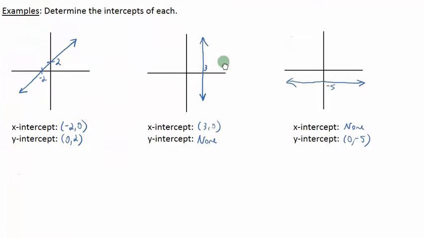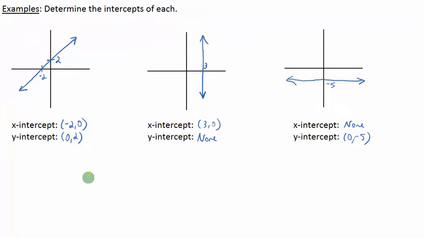Now, I want you to notice a pattern here. In x-intercepts, notice that the y is always 0. You have an x value followed by a y value of 0. That's because when you're on the x-axis, you don't have a y value. You don't have a vertical measurement because your vertical measurement's 0.